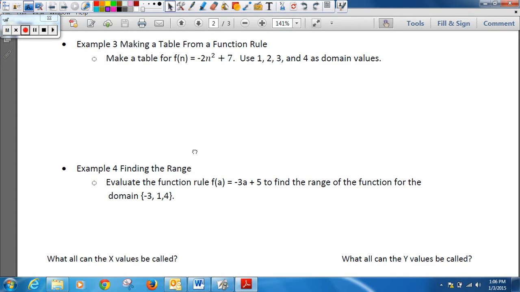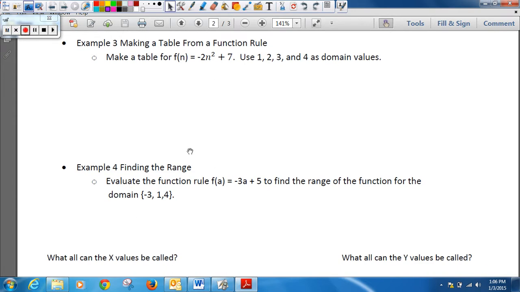Example 3 then is making a table from a function rule. If we look here, it says make a table for f of n is equal to -2n squared plus 7. Use 1, 2, 3, 4 as the domain values. Domain is another word for input or for your x value. So if we look here, we're going to go ahead and make this table.